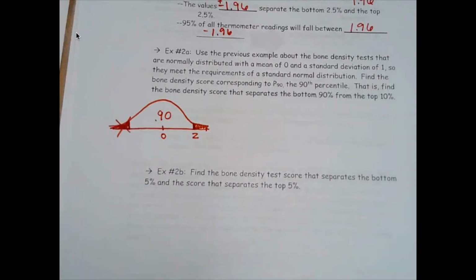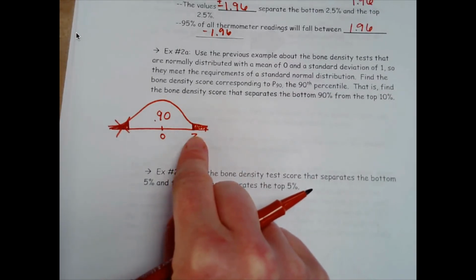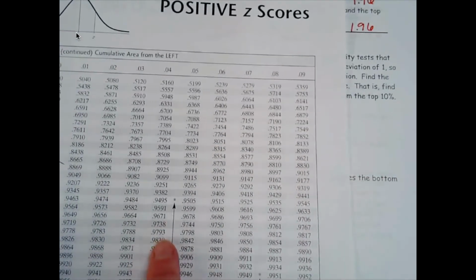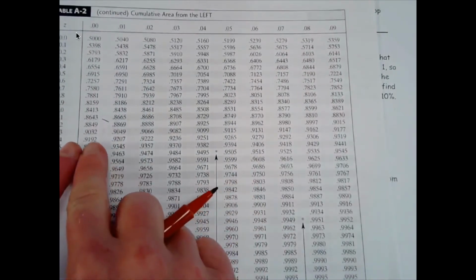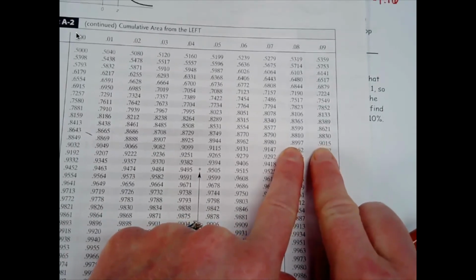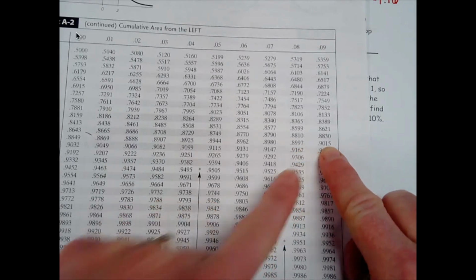So we need to find 90. And so this would be in the positive z-score. So we want 0.9. Is there a 0.9 in the body of our table? Let's see, 0.9. It's kind of between here, right? 0.8997 and 0.9015.